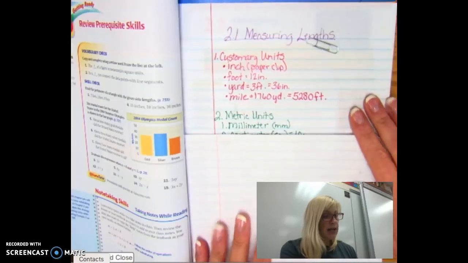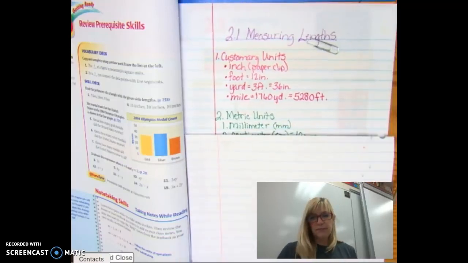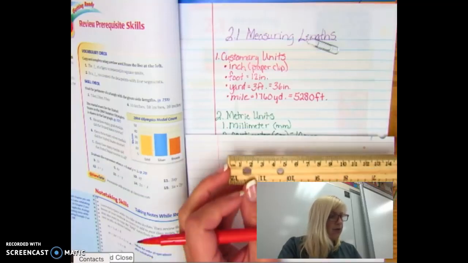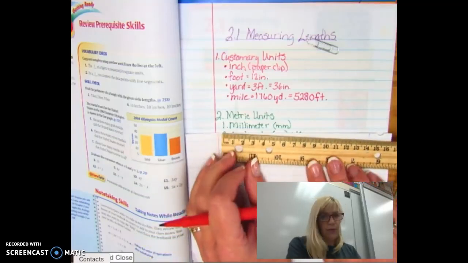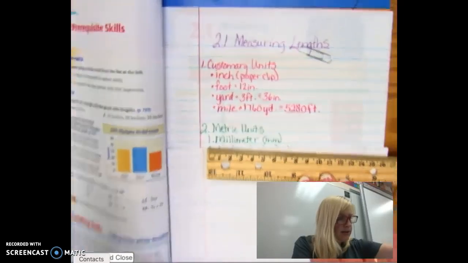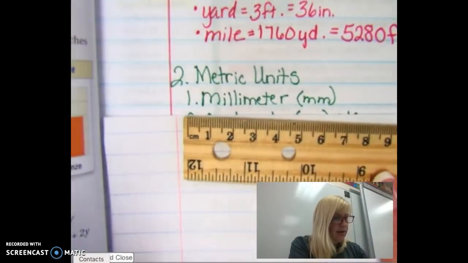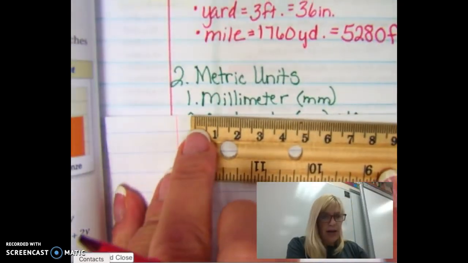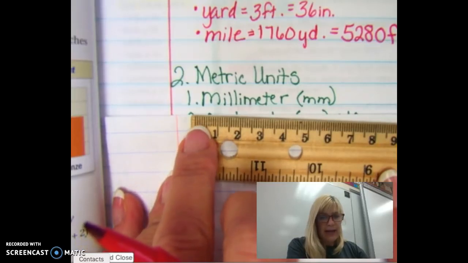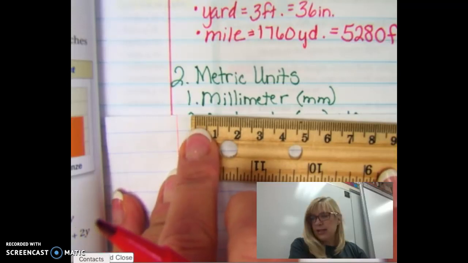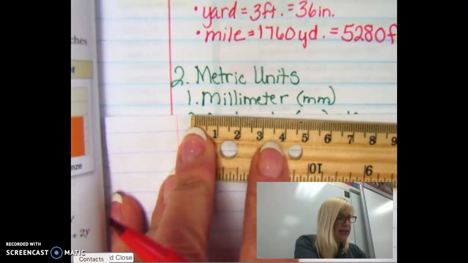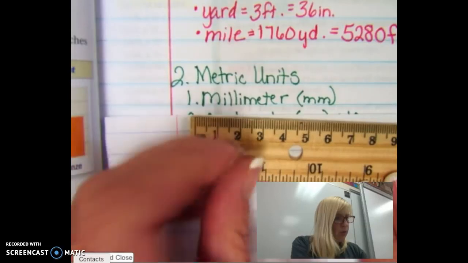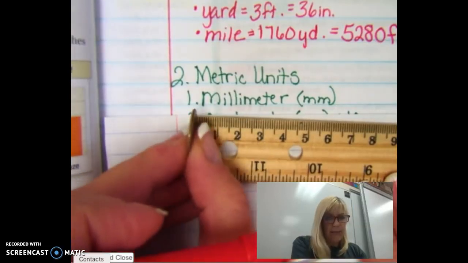So the first thing we're going to talk about is a millimeter. And if you look on my ruler right here, I'll zoom in. A millimeter is super tiny. It is between the two smallest marks here, and if you look at a dime, it is about the width of a dime.